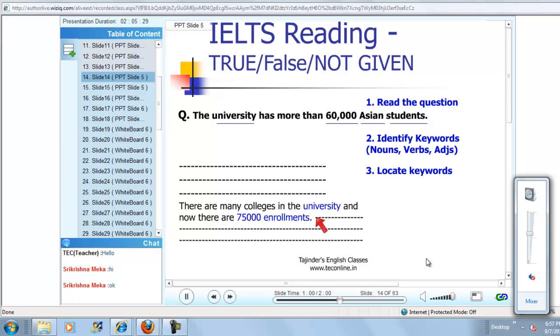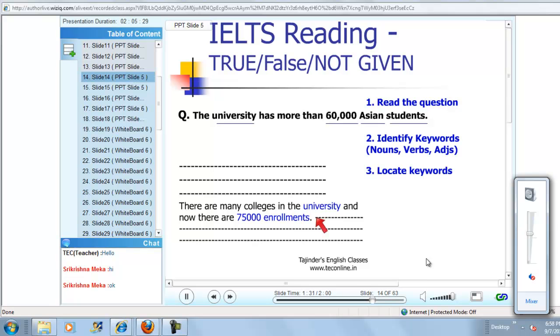False. Why false? The question says only the university has more than 60,000 students, whereas from the paragraph there are many colleges in the university, and now there are 75,000 enrollments.